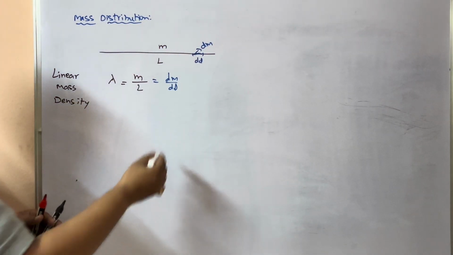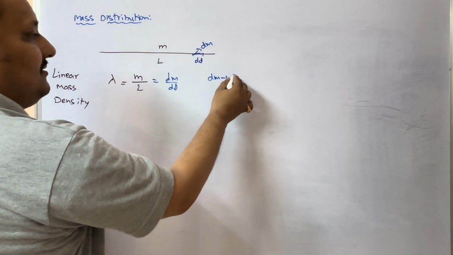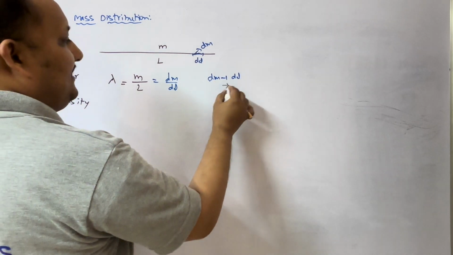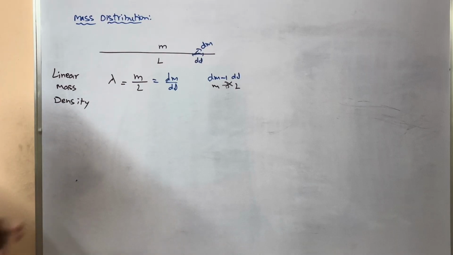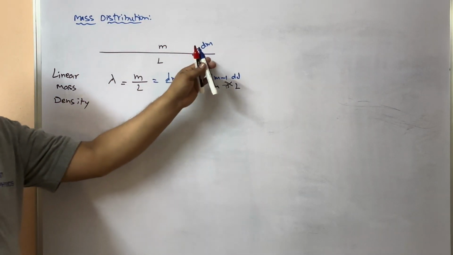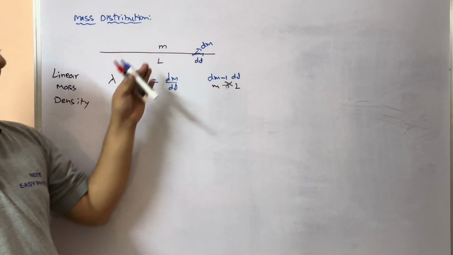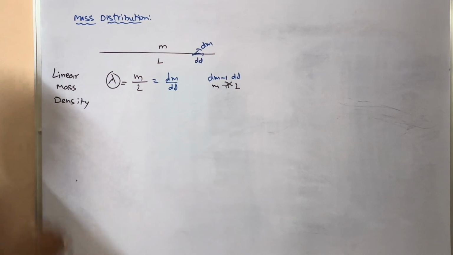This is like an apple problem. One apple 10 rupees, 10 apples how much? For dl length, dm mass, then for total length L, how much mass? If you cross multiply, you are going to get the answer. So a wire has length, there is no area. Therefore, on this length, how mass is distributed is only linear mass density.